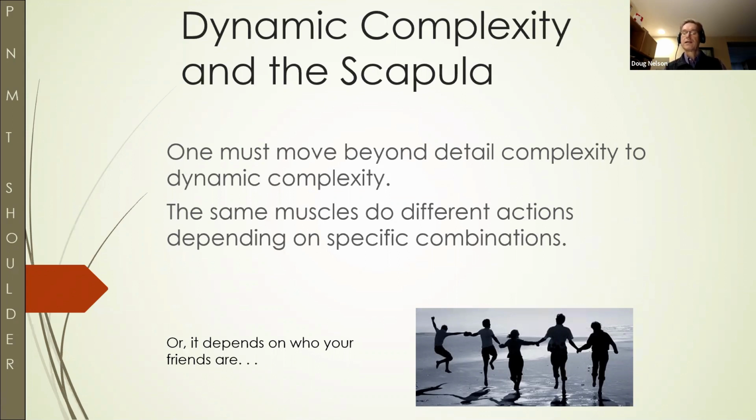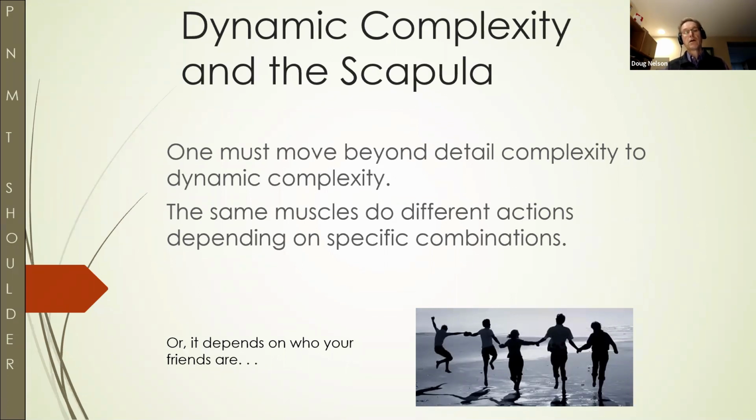It's not unlike going through your bachelor's degree, where this does this and this does this, really simple. And then you move up another level, at a master's degree, and you find out it's not actually that simple. Same thing is true with muscles: muscles do different actions depending on who they work with. So no muscle does any specific thing.